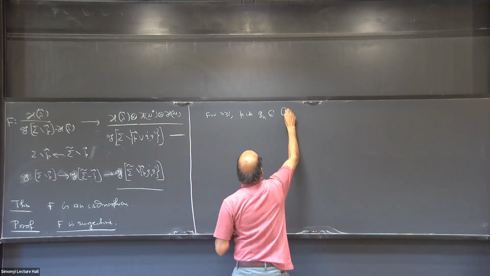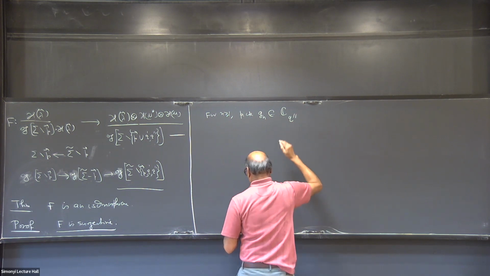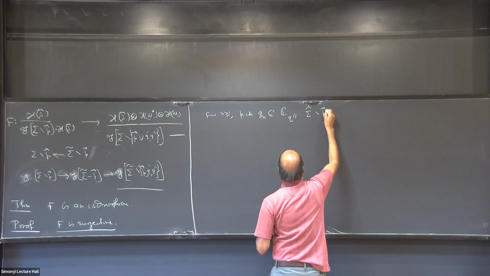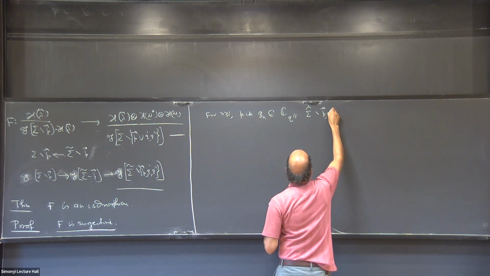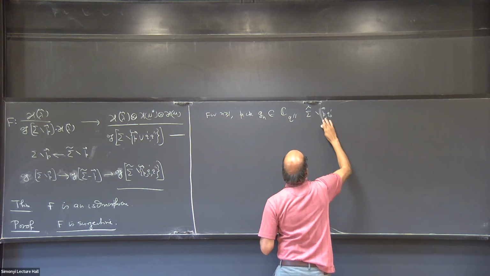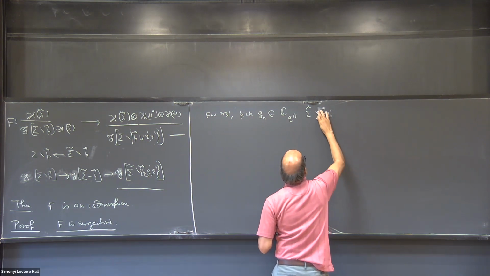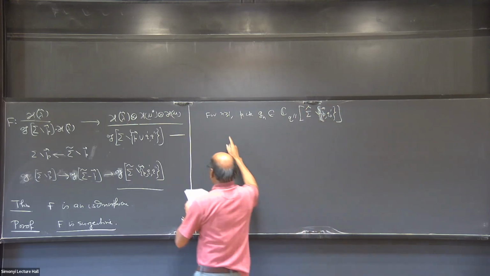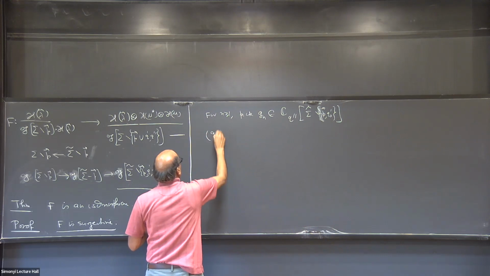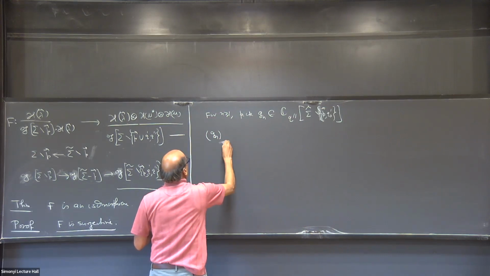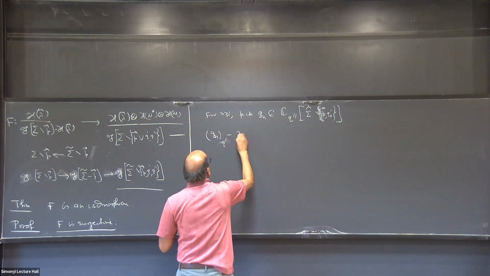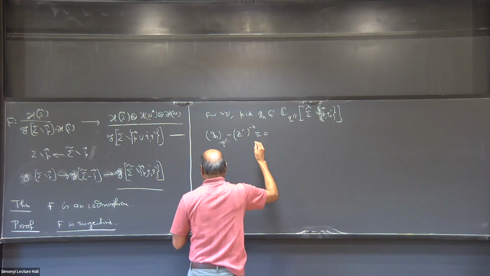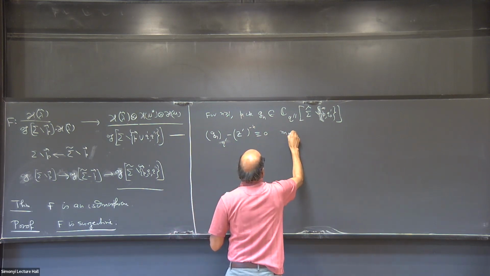Let me write it and then I will explain the notation. g_n at q prime minus z prime to the power minus n is congruent to 0 mod z prime.